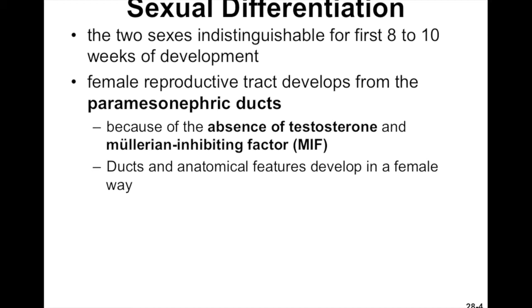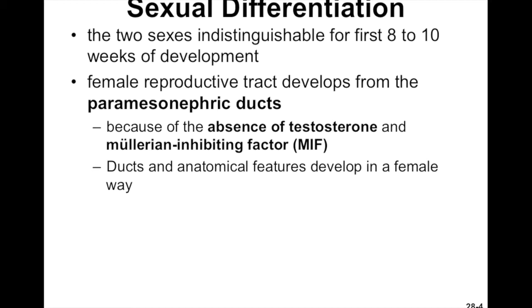The female reproductive tract will actually develop later on from the paramesonephric ducts. We'll talk a little bit about that. And this is where the default comes in. They say that the female reproductive tract develops because it's missing testosterone.